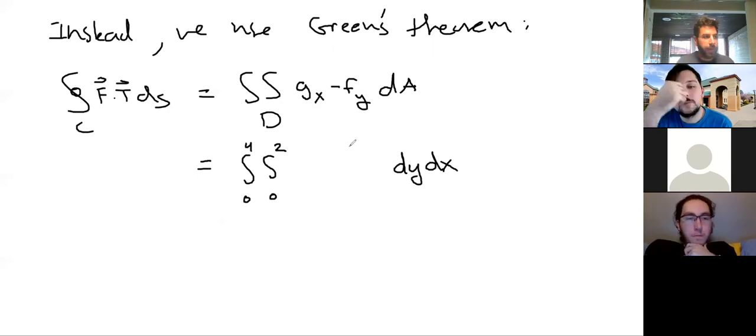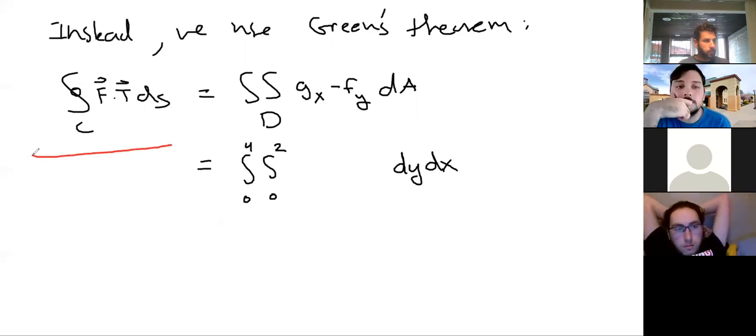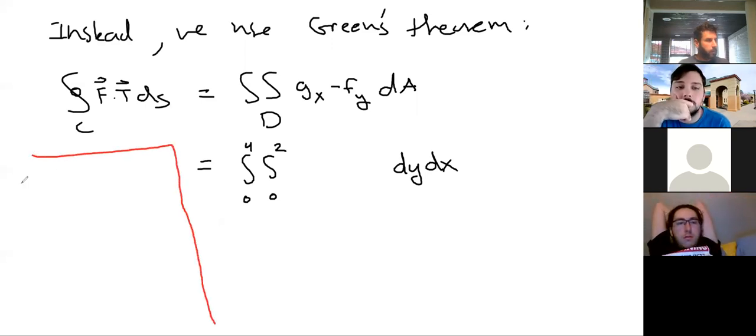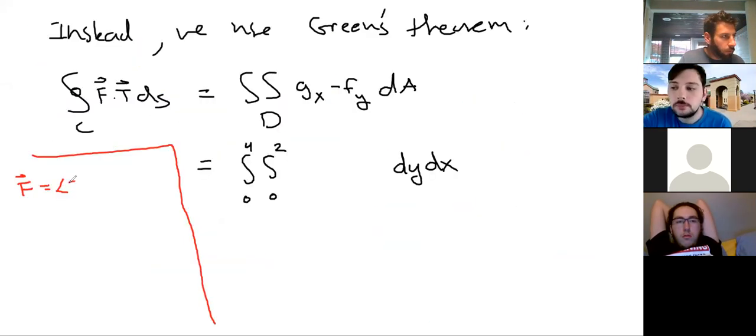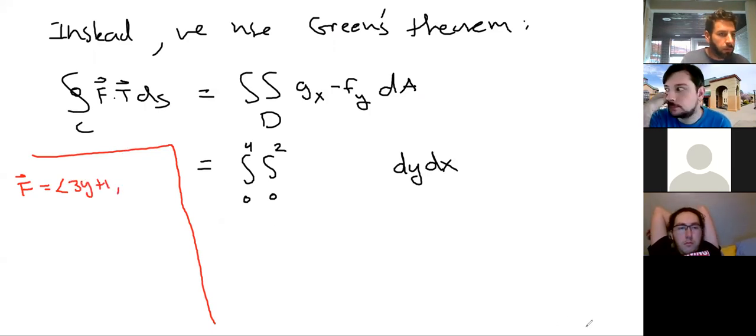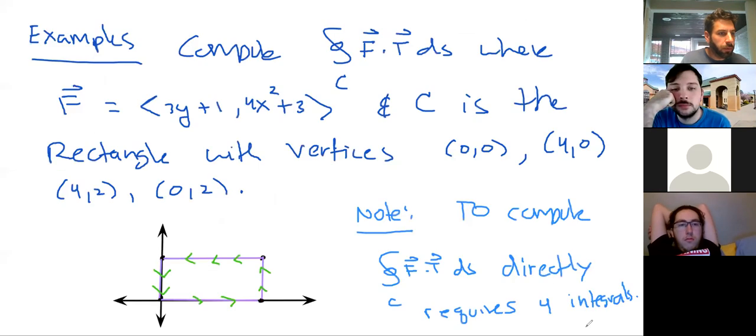Now, what's g sub x? Well, don't forget, what is F? So F was what? Well, the first component was what? 3y. Let's go back. 3y plus 1. And the second component was 4x squared plus 3.